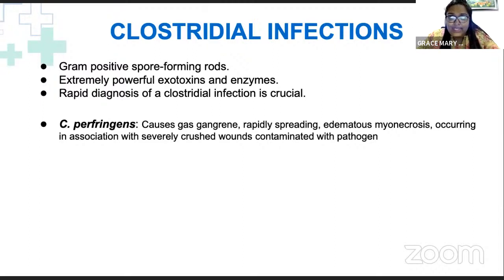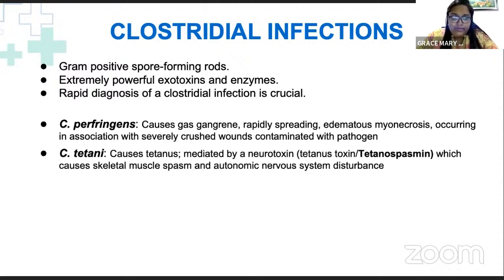Like I said before during our classification, Clostridium is capable of producing spores. If spores are there, the transmission can also be much higher, and that's why it is very rapidly spreading.